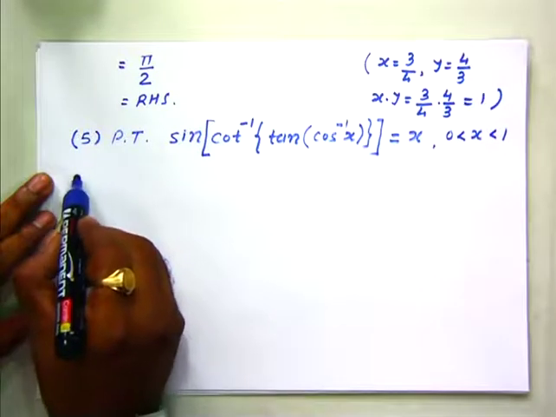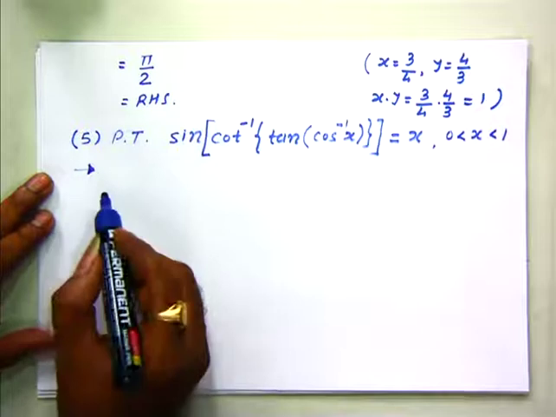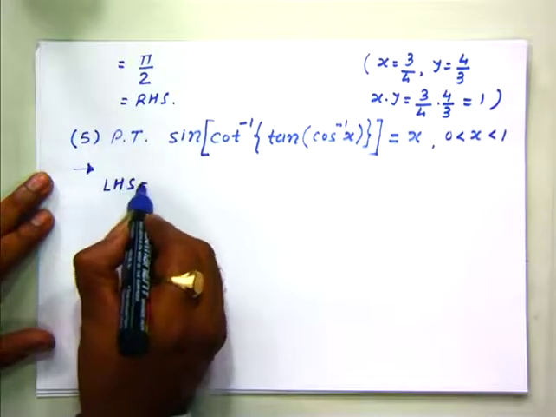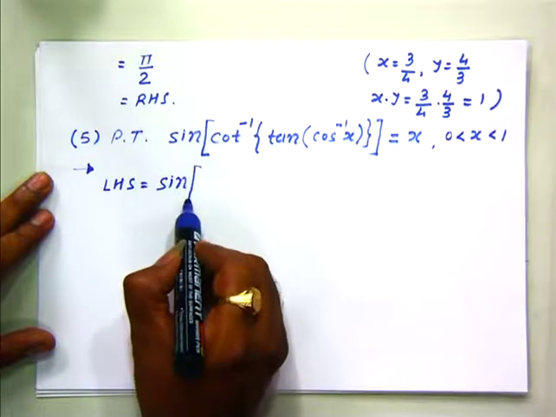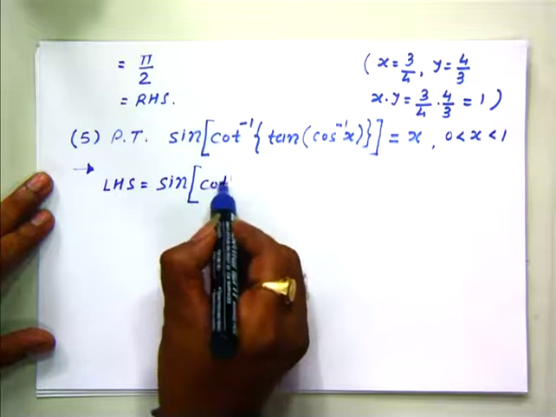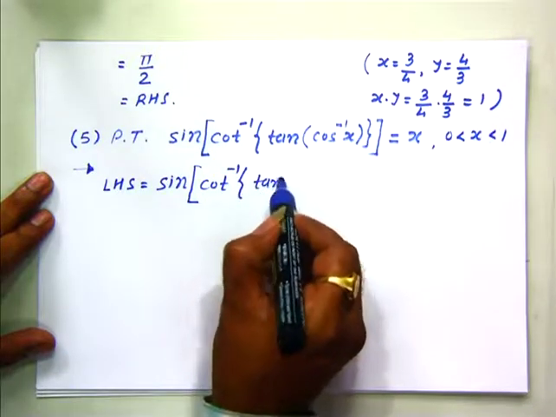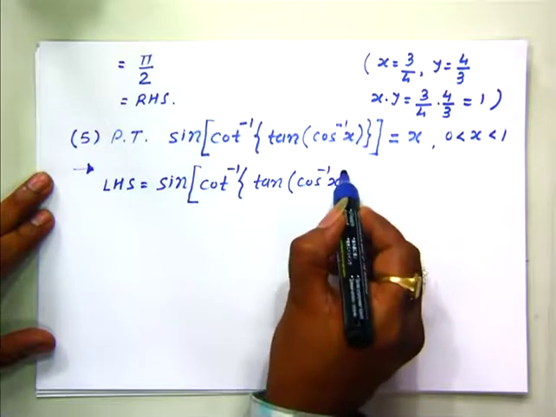So let's start with LHS. Our LHS is sine of cot inverse of tan of cos inverse x.